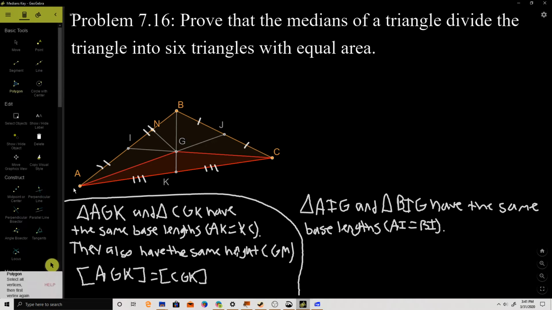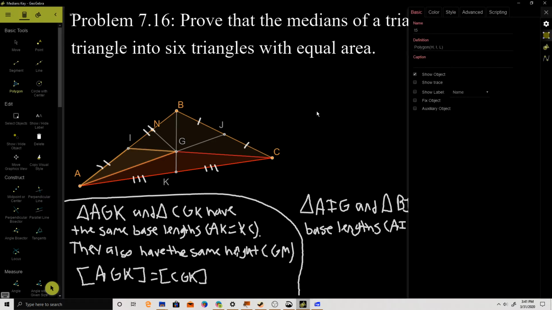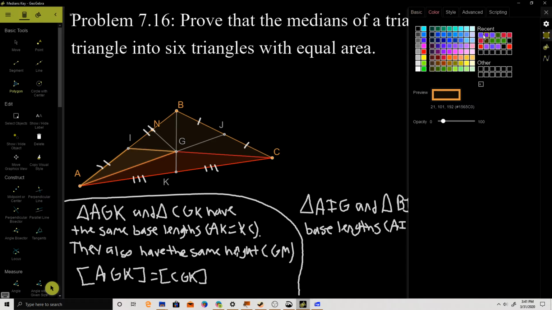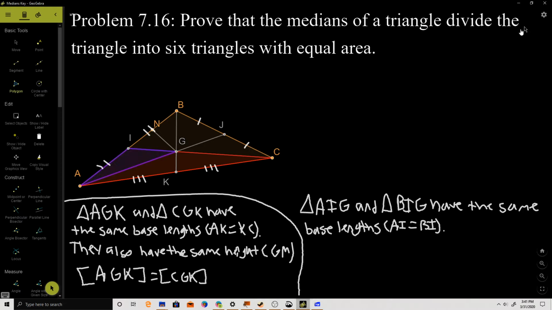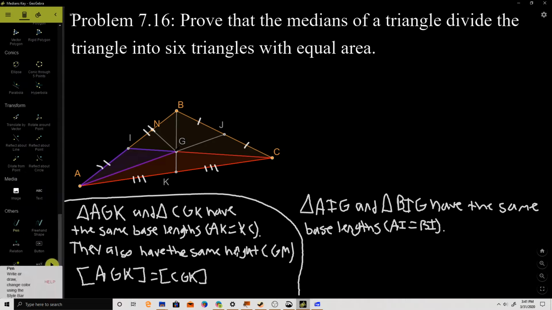Well, if I focus on that triangle, I'm going to make it this nice purple color. What would the height of that triangle be? Well, the base is AI. That means the top point is G. And from the top straight to the ground is also GN.